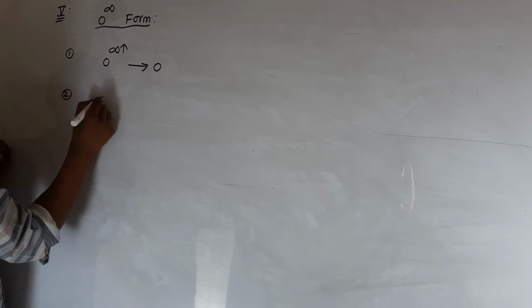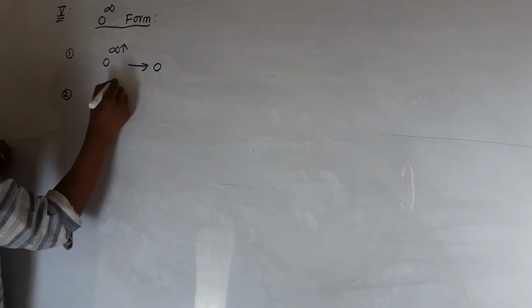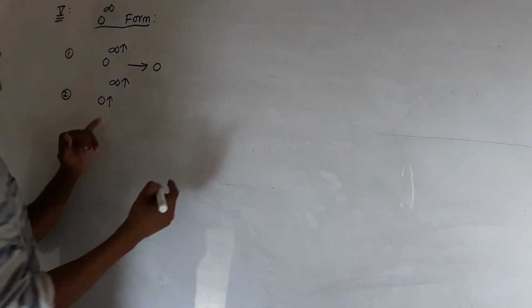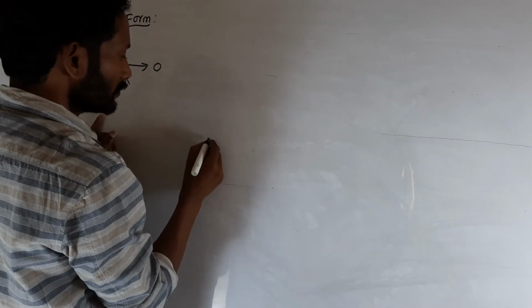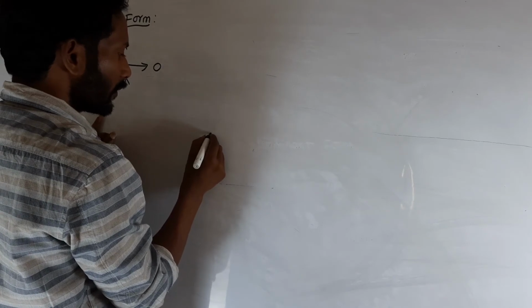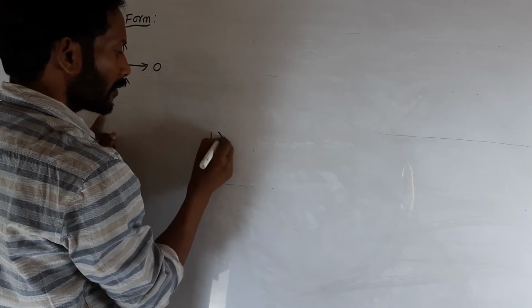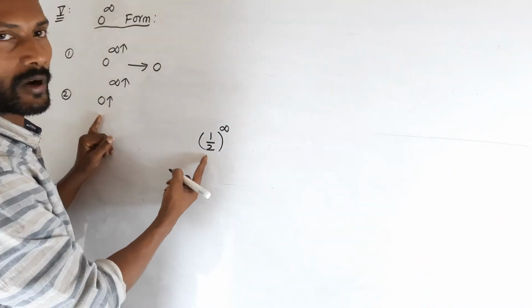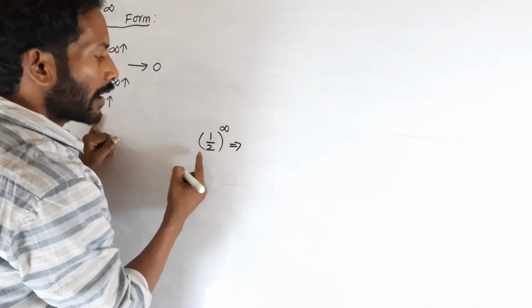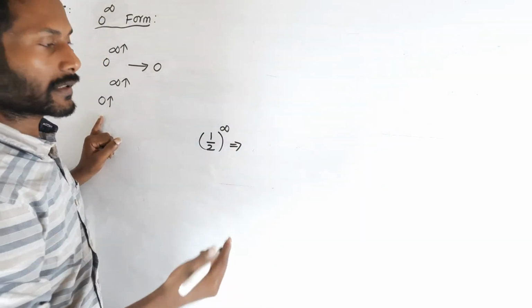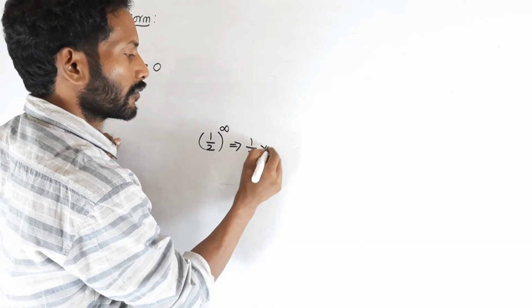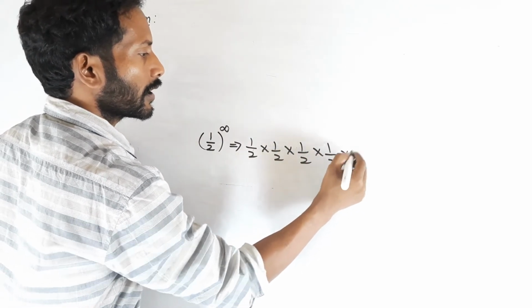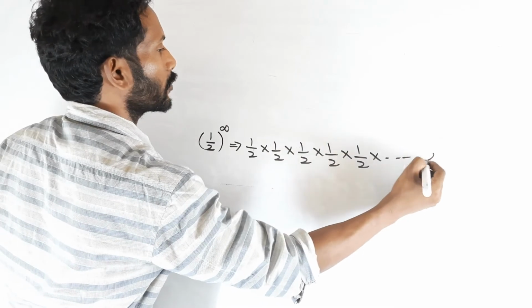Second case: base approaches 0, power approaches infinity. For example, 1 by 2 whole power infinity, that is 0.5 power infinity. Suppose we multiply 1 by 2 infinite times: 1 by 2 into 1 by 2 into 1 by 2, and so on up to infinity.